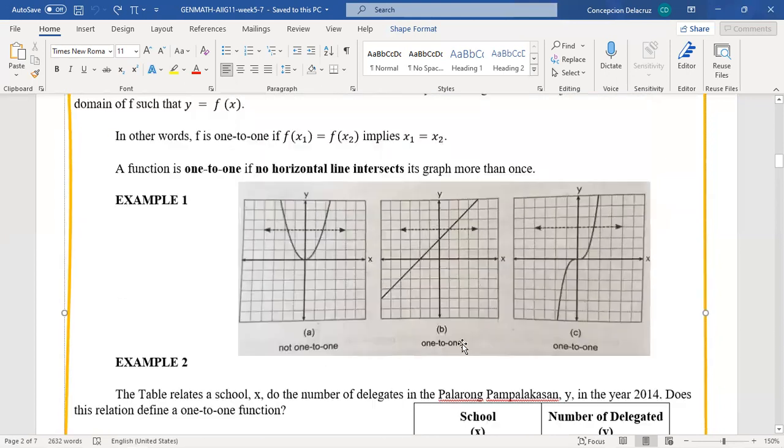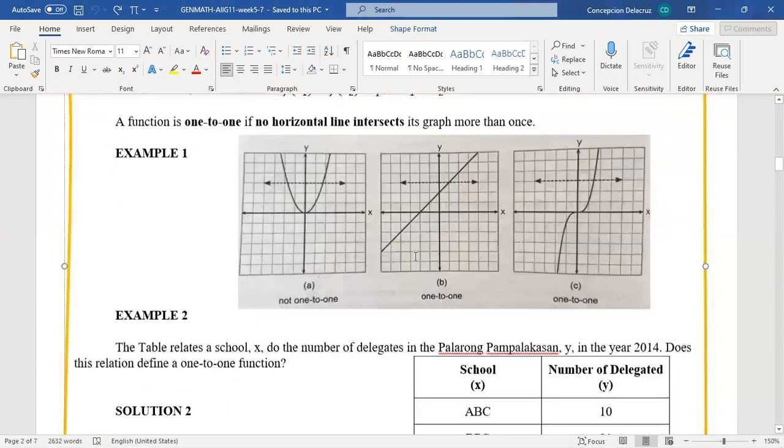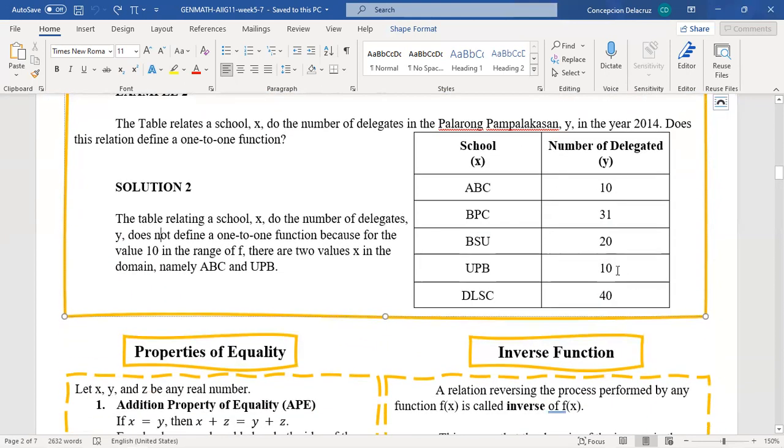Since it should be one-to-one only, but here two different X values have the same Y value, therefore we conclude that it is not a one-to-one function.